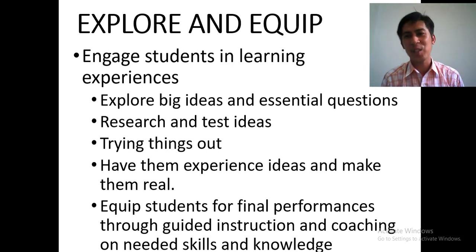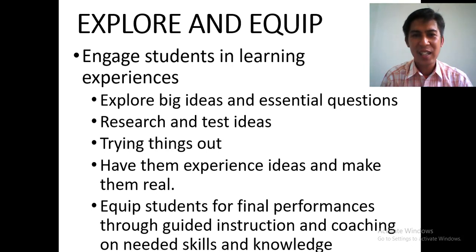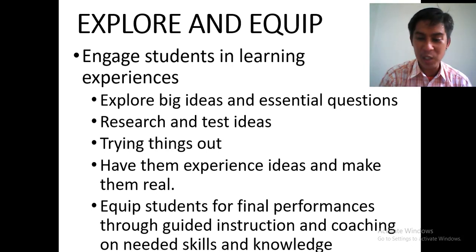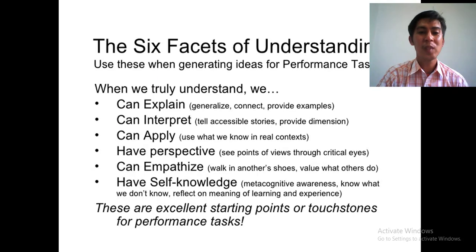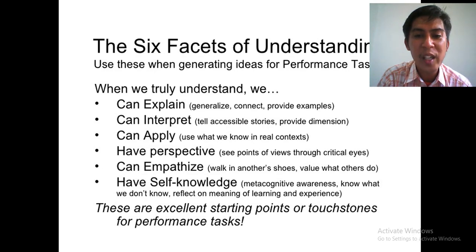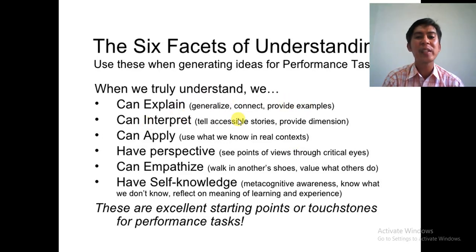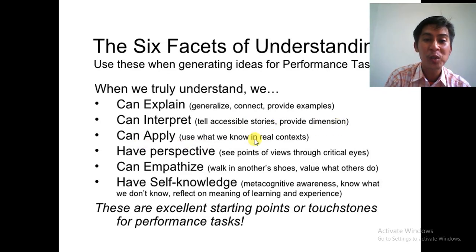Of course, they are related to content. You use content as your means to develop these things. Having self, walk in another's shoes, value what others do. I'm just sharing definitions here. They can generalize, connect, provide examples, interpret, tell accessible stories, provide dimension, apply, use real context, have self-knowledge.